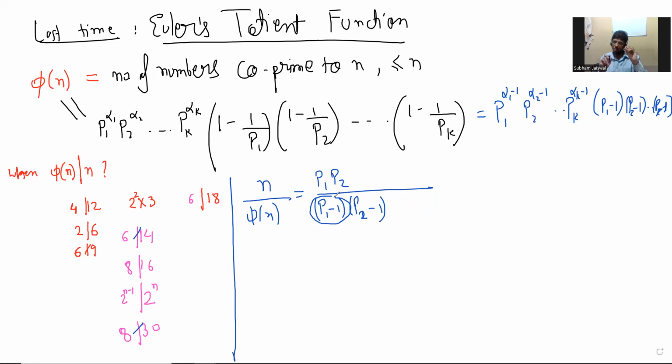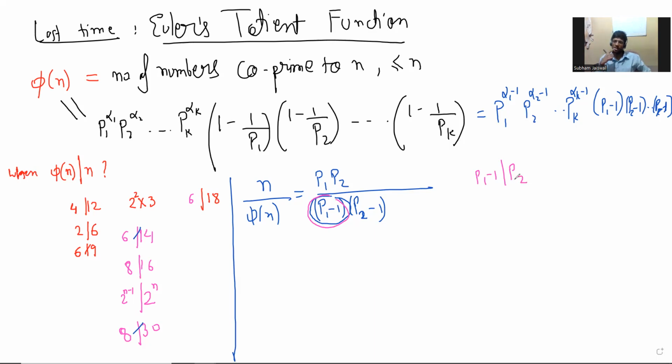So if p1 is a prime divisor of n, then p1 minus 1 has to divide p1 times p2. But it has no factors in common with p1. So we can say that p1 minus 1 must divide p2, because p1 minus 1 and p1 are co-prime.